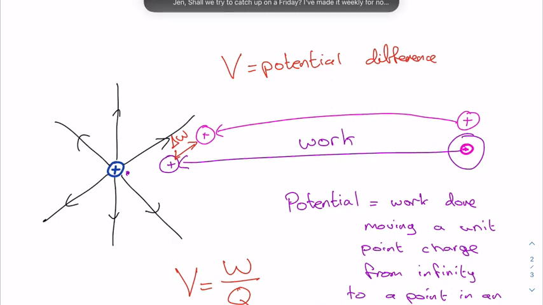So voltage, or potential difference, is work done per unit charge. So it would be the work done moving from this pink circle here to this purple circle here. That would take a certain amount of work, and the work done per unit charge moving from there to there would be the potential difference. That would be the voltage there.